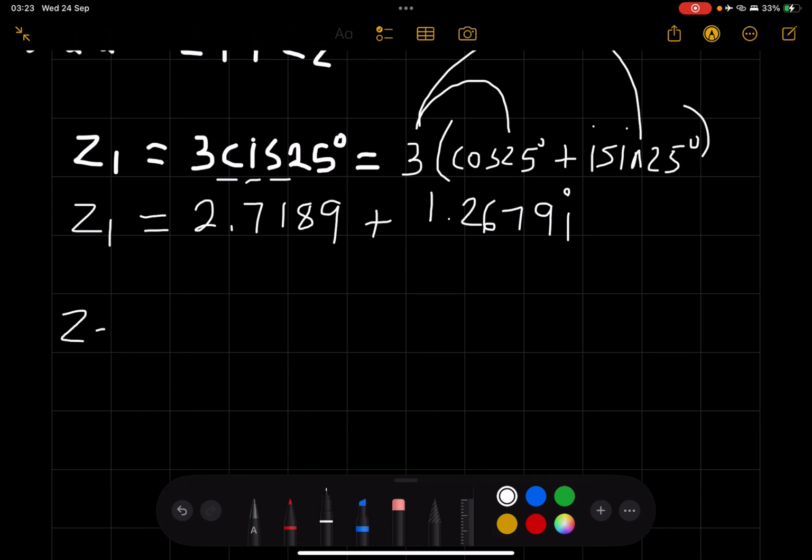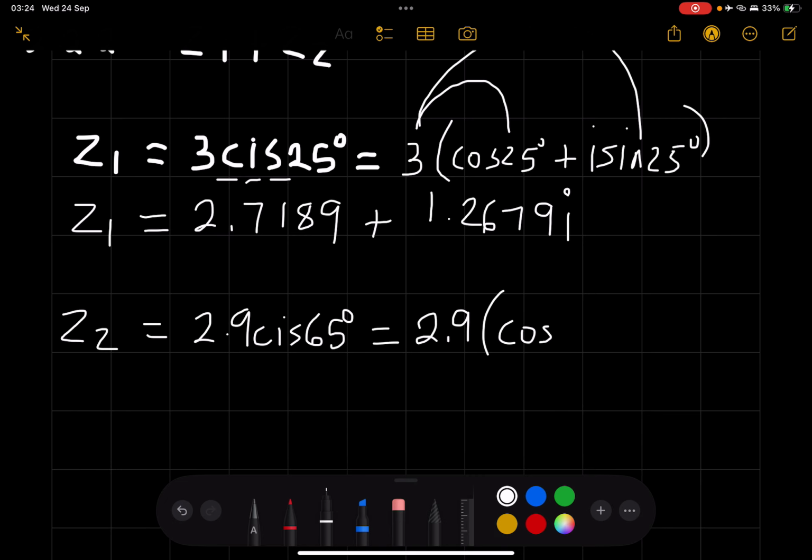z2 would be, if you remember, it was 2.9 cis 65, which means it's going to be 2.9 in bracket cos 65, and then plus i sine 65. So the cis just means cos of the angle plus i sine of the angle.